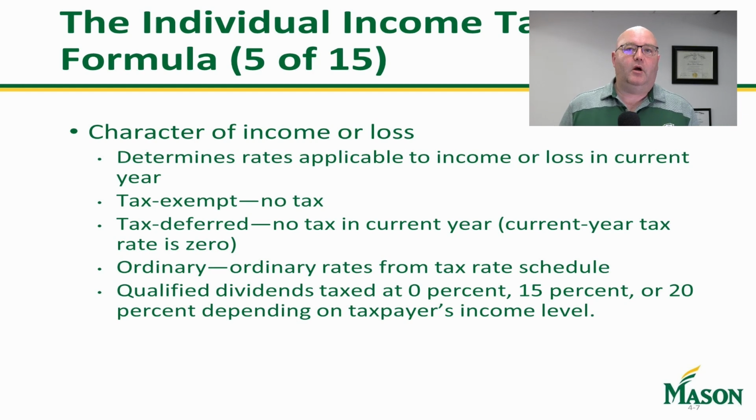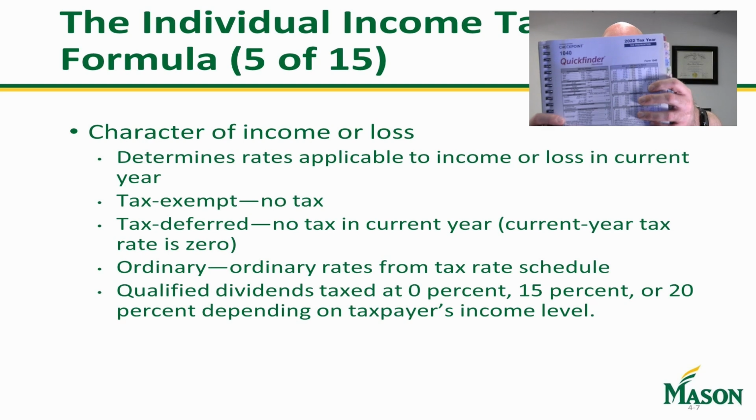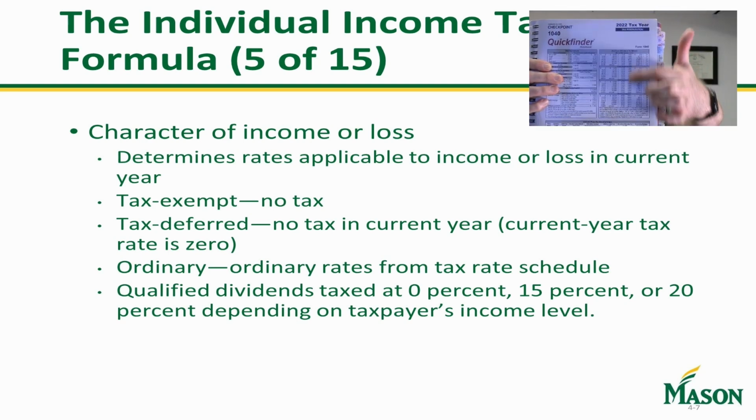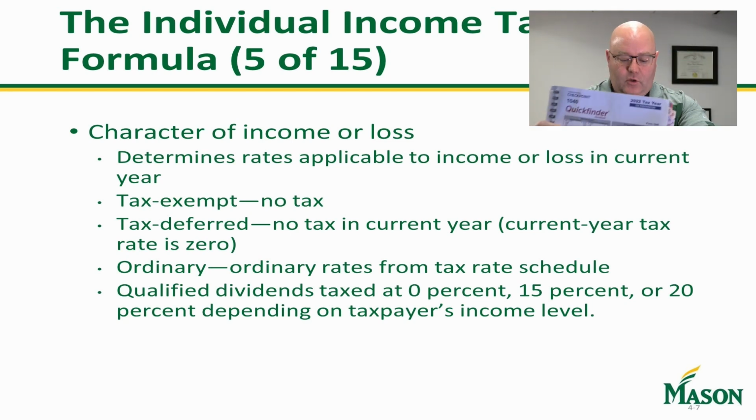Ordinary rates are going to be from the rate schedule. So when you take a look at your, and I'll see if I can get this set up here. This right here, you can't probably see it very clearly, but this right here is your tax table. Basically, if you have any income that is ordinary in nature, you're going to pull it off this tax table.